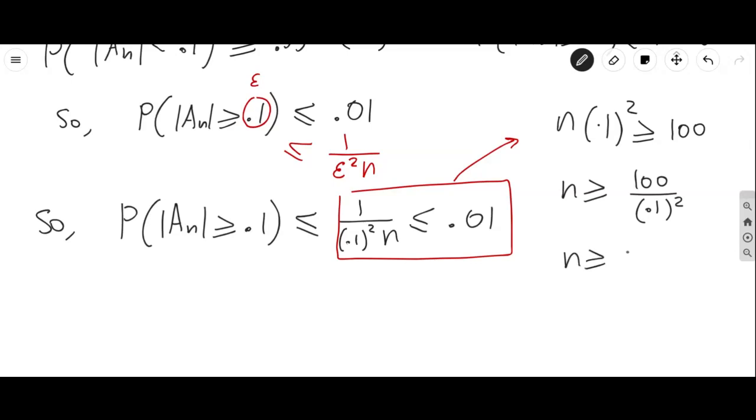So n has to be greater than or equal to 100 divided by 0.01. So that would be 100 times 100. So that would be 10,000. So that's what I'm getting, 10,000.